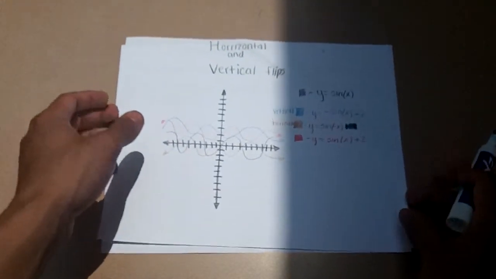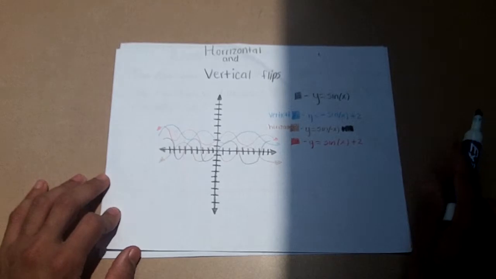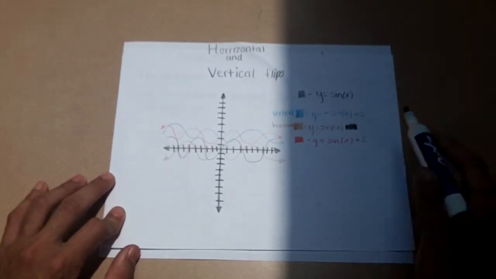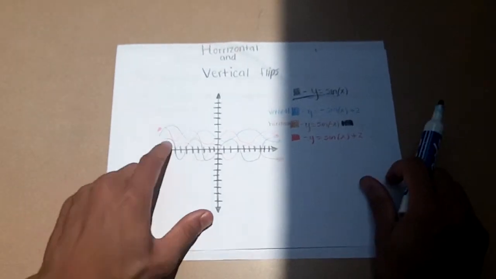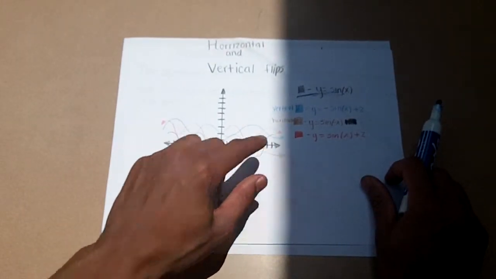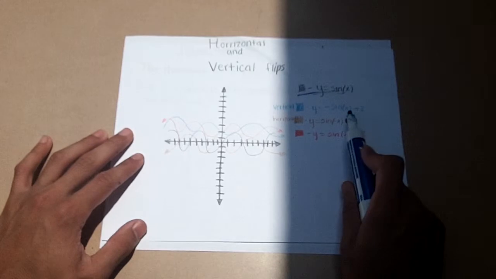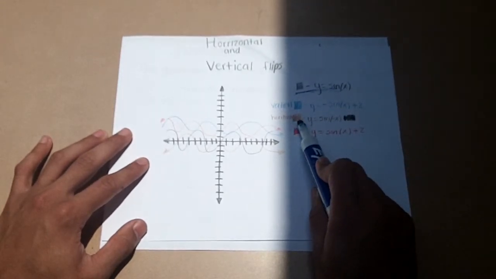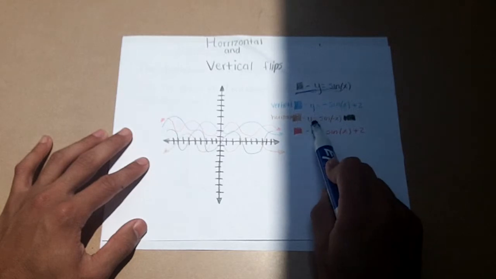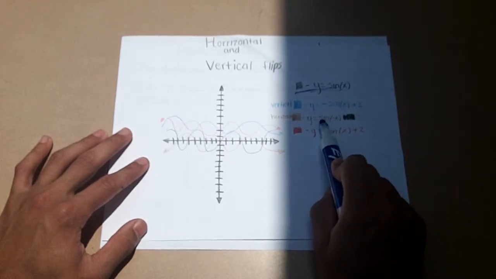Now for horizontal and vertical flips. As you can see, this is kind of complicated. In the black, we have the regular toolkit function. Now in the light brown, we have the horizontal flip of it.